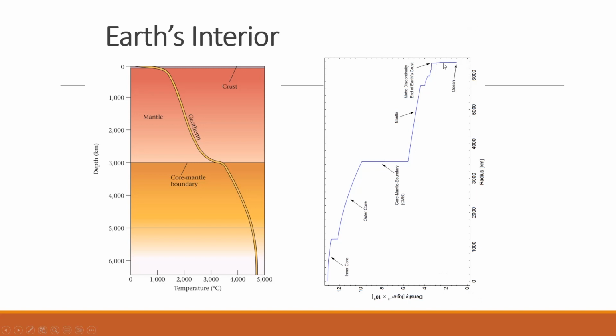Our density is going to keep going up as we go through the different layers of the Earth. These drastic jumps are going to happen at boundaries. So for example, when we go from the mantle to the core, we see a huge jump in density. When we go from the liquid outer core to the solid inner core, we see another jump in density. So we're going to keep increasing density as we go to different materials and different layers.